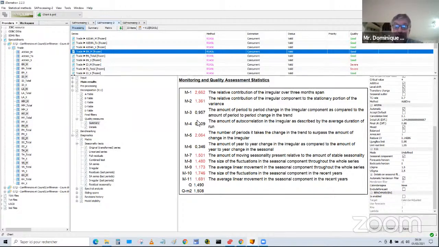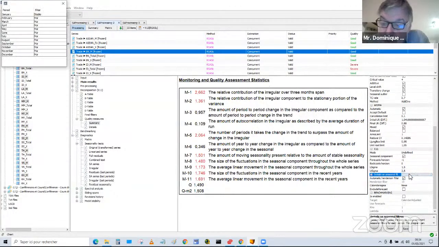You can play with the seasonal filter to try to improve the M statistics. Let me try to do something different here. I can take a stable for everyone. Let us try to take a stable for everyone.